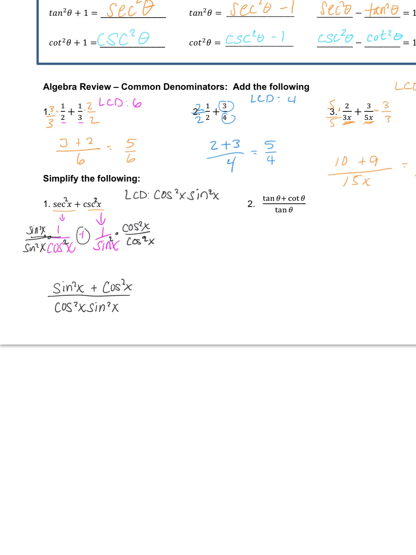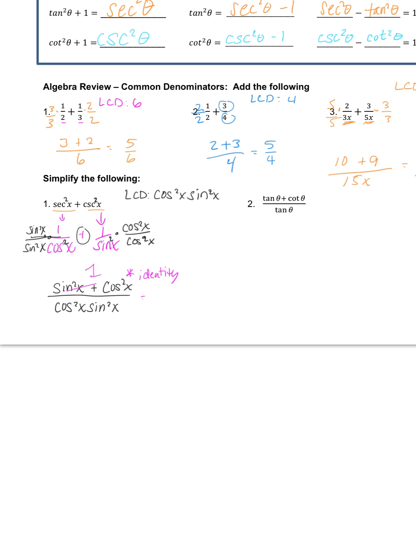Now, hopefully when you see things, you see an identity there. So if you see that one, just make sure that you're going, oh, okay, this is an identity. And so we're going to use that to help us to finish. So what's cosine squared plus sine squared? That is actually 1. So this goes to a 1.